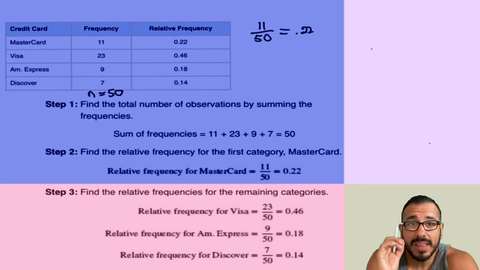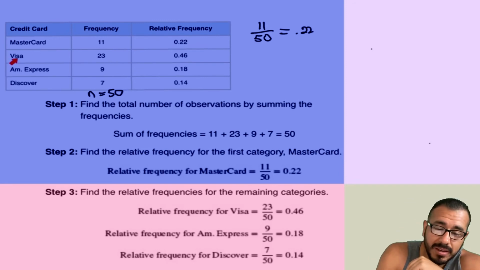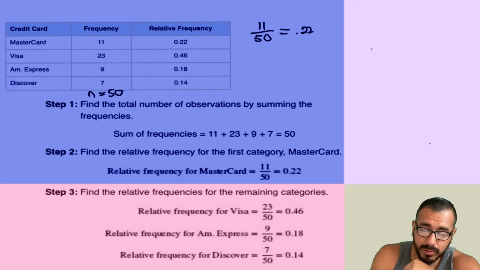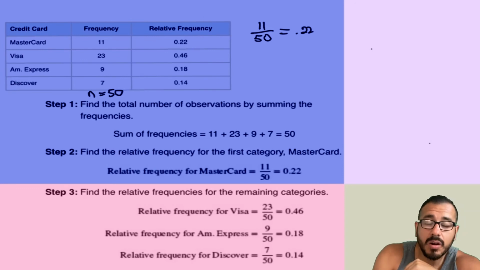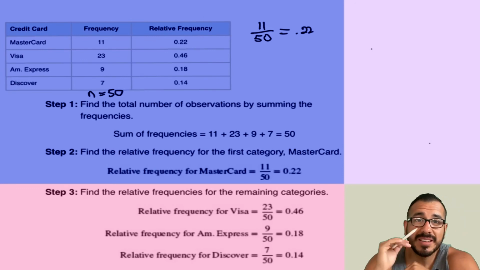We're going to do that for every one of these credit cards. We take 23 divided by 50, 9 divided by 50, and 7 divided by 50. That's how we get our relative frequency, just like we show down here, and this together is our relative frequency distribution.